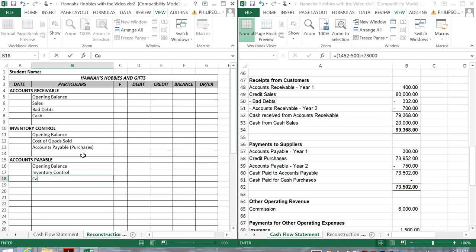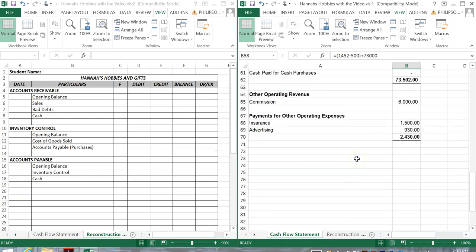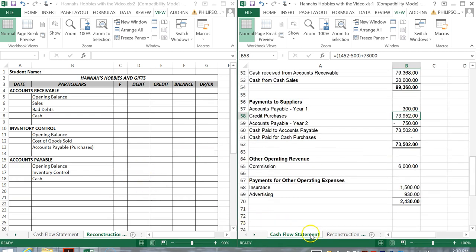And then our cash figure. Okay, and so we've got those 3 reconstructions that we must do, and then we just have to do our account style reconstructions for our balance day adjustments.